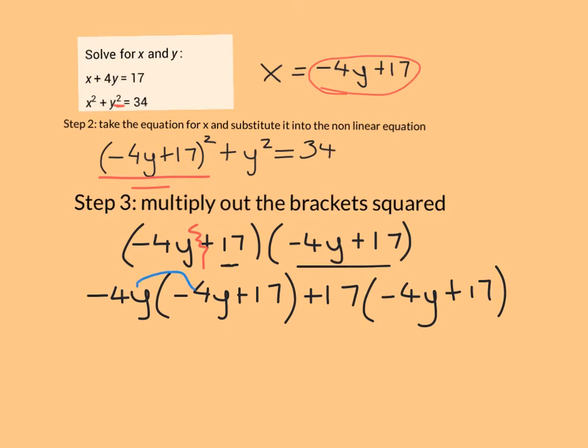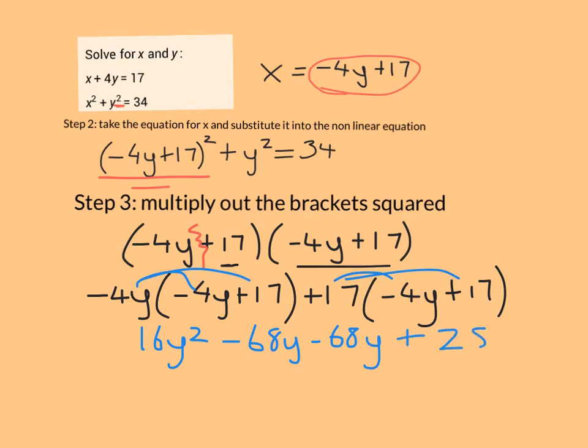So I have minus 4 by minus 4 gives me 16. Y by y is y squared. I have minus 4 by plus 17 gives me minus 68y. Plus 17 by minus 4y gives me minus 68y. And then I have plus 17 by plus 17 gives me plus 289.